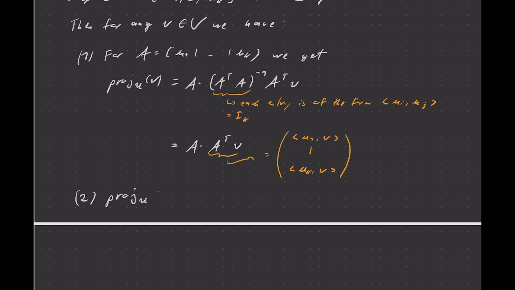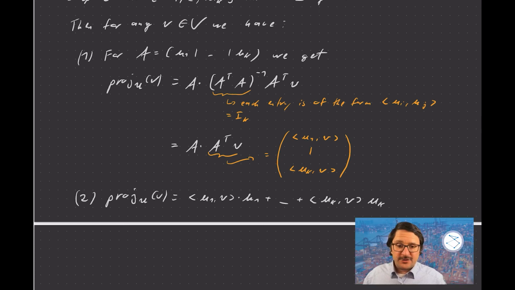So the projection of v onto U can also be written as the scalar product of u1 and v times u1, plus the scalar product of u2 and v times u2, and so on, up to the scalar product of uk and v times uk. And that is what we use most often, actually.